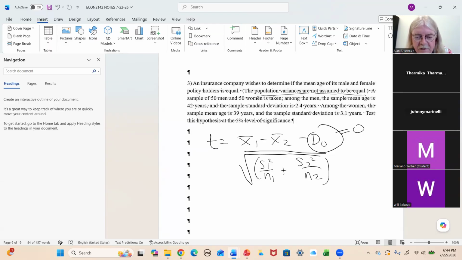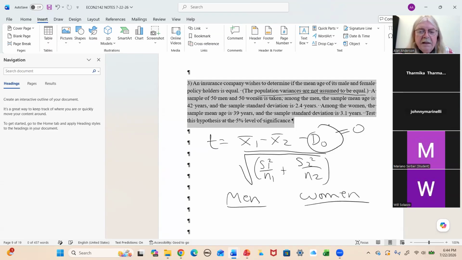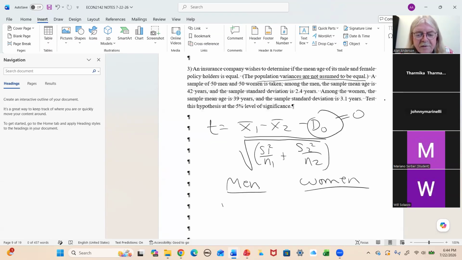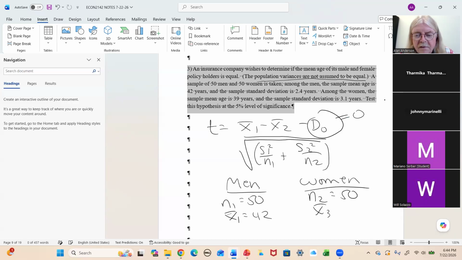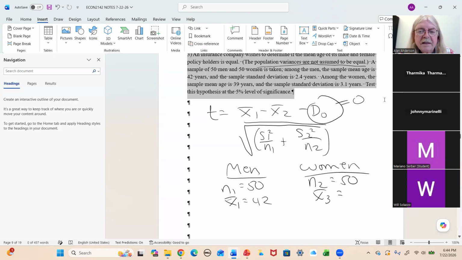And we're being told that among the men, well, first there's a sample of 50 of each. Among the men, the sample mean age is 42. Oh, sorry. The next statement is that the sample standard deviation for the men is 2.4.